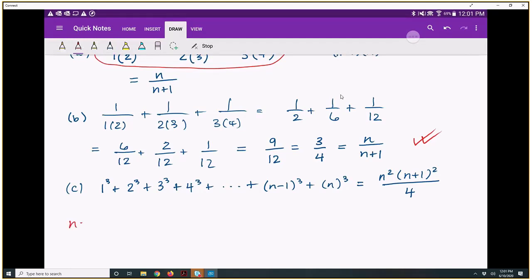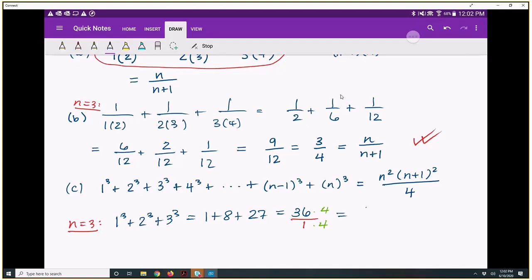So when n is equal to 3, then we have 1 cubed plus 2 cubed plus 3 cubed, which is 1 plus 8 plus 27, and that's 36. Now 36, I can think of as 36/1, and then multiply by 4 on top and bottom.